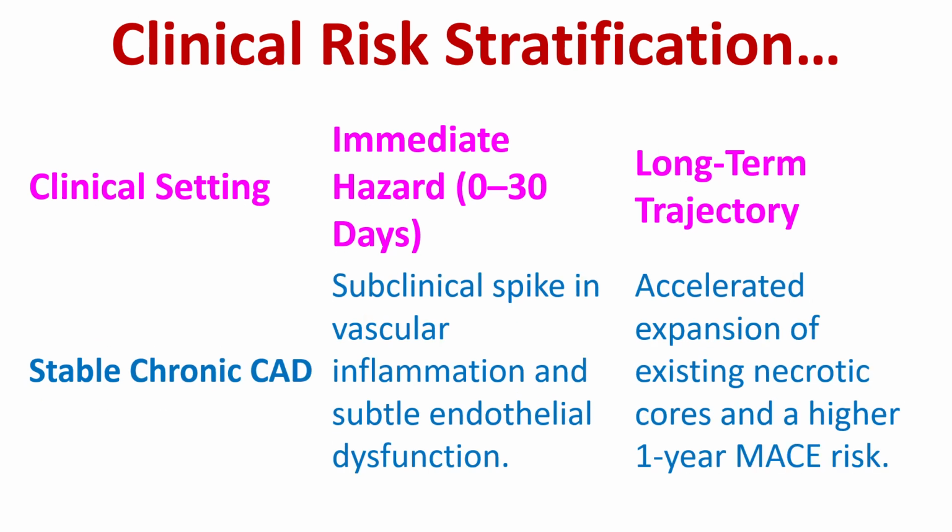For stable chronic coronary artery disease, there is a subclinical spike in vascular inflammation and subtle endothelial dysfunction. Accelerated expansion of existing necrotic core and a higher 1-year major adverse cardiovascular events risk.